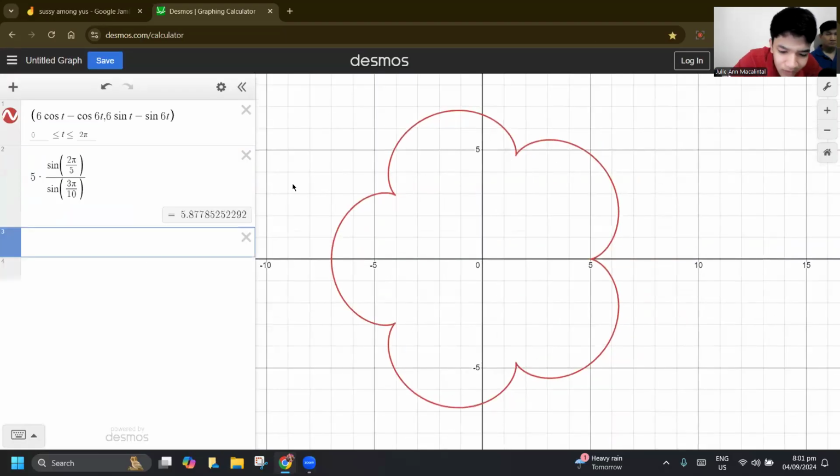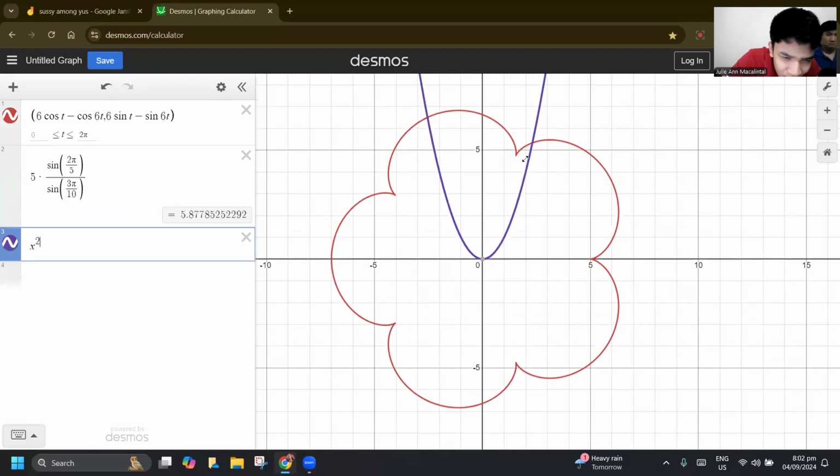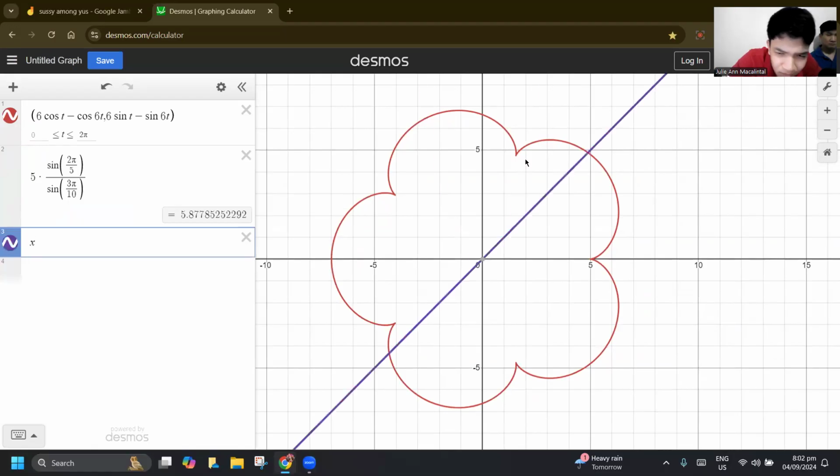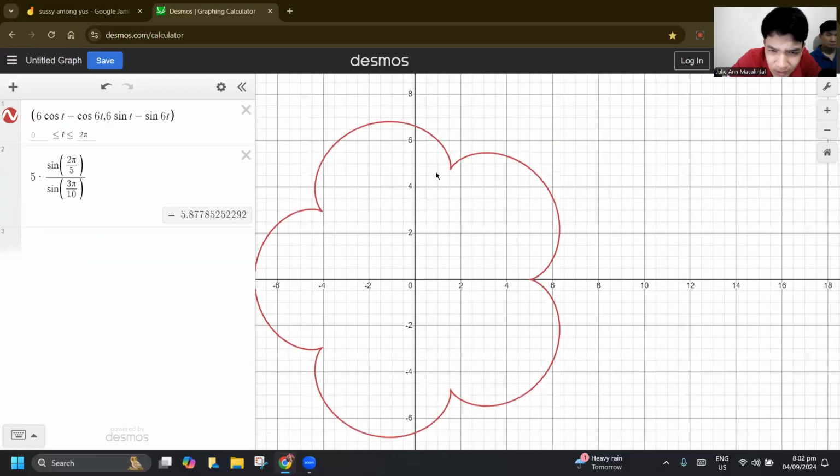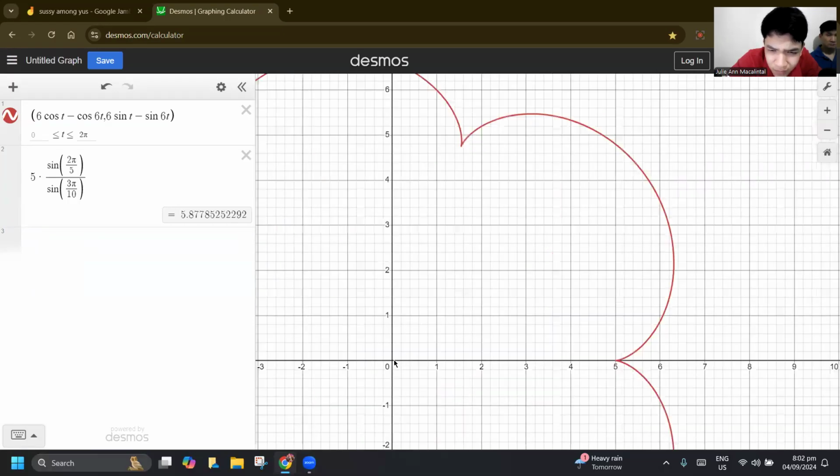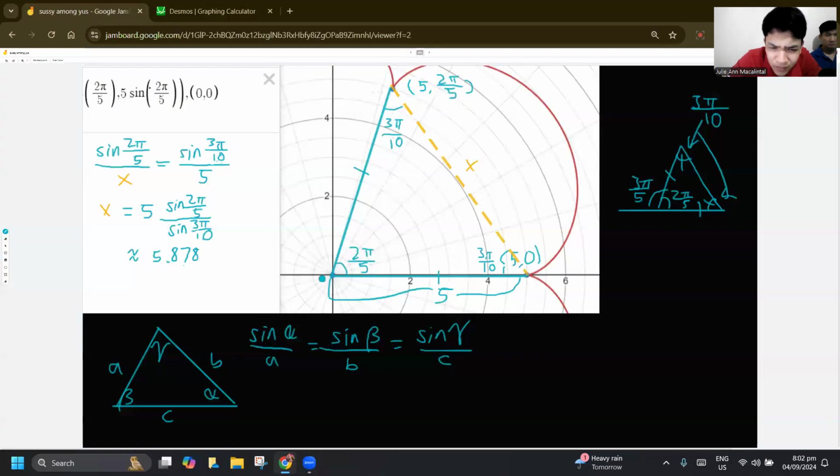Just by inspection, this is 5 units. Where's the triangle? Here, 5 units. Then maybe drawing a circle here, maybe there.